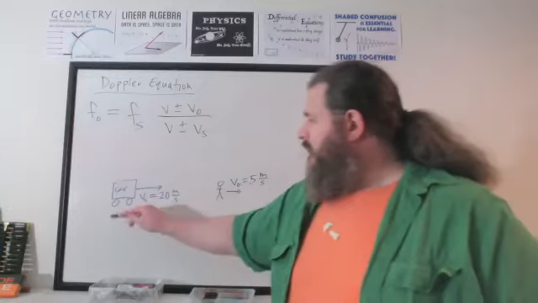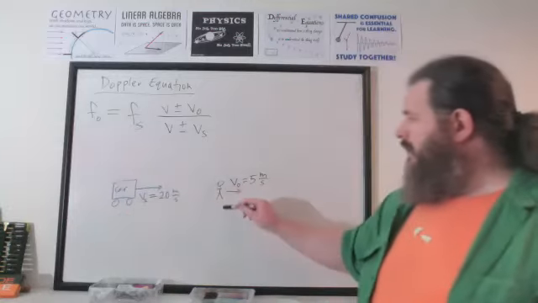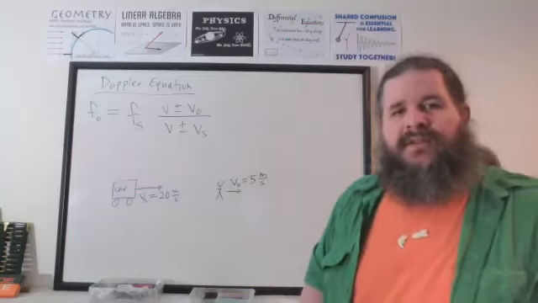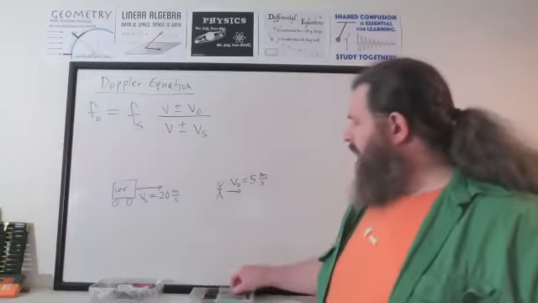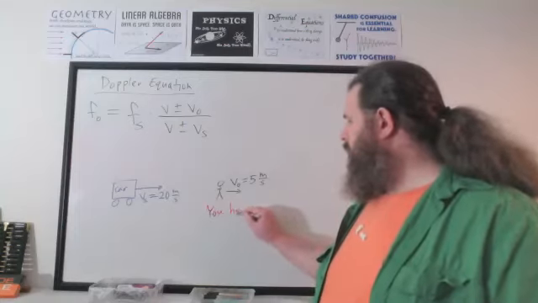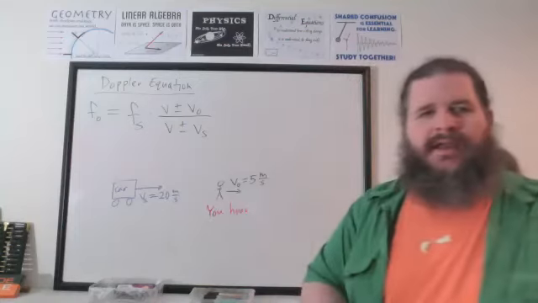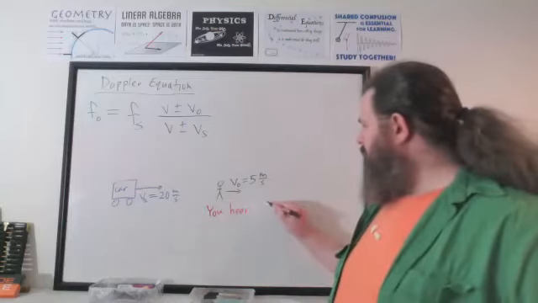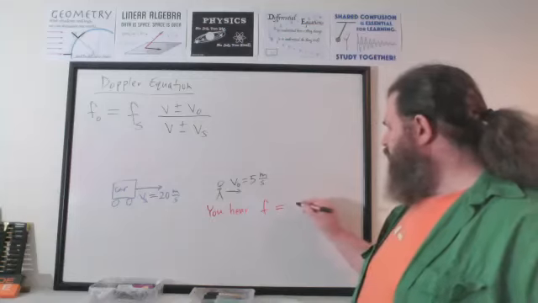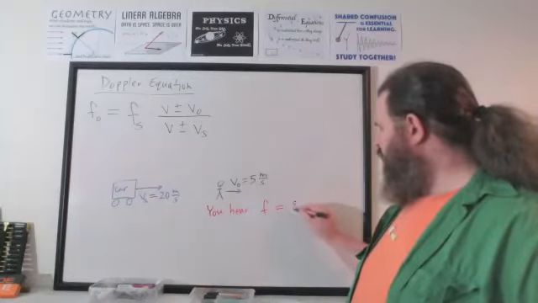So you've got a car that's traveling at 20 meters per second, and you're on the sidewalk nearby jogging at 5 meters per second. And you're listening to the car, and you hear the car honking at a frequency of, let's say, 800 hertz.